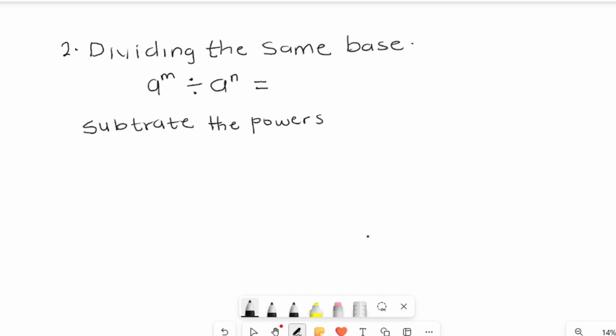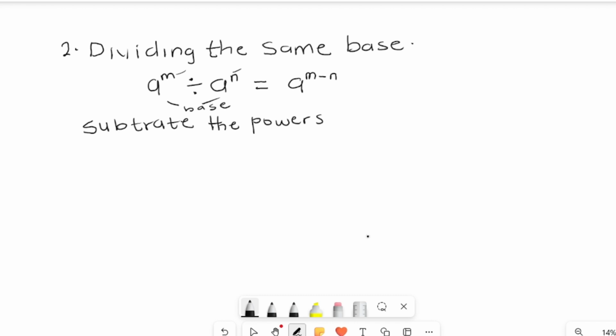So when we subtract the powers, since we have a common base, we write it down. This is our base a. So write it down a, and these are our powers m and n. So we subtract it. So it will be a raised to power m minus n.